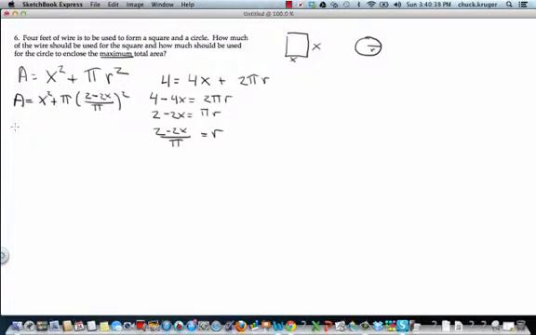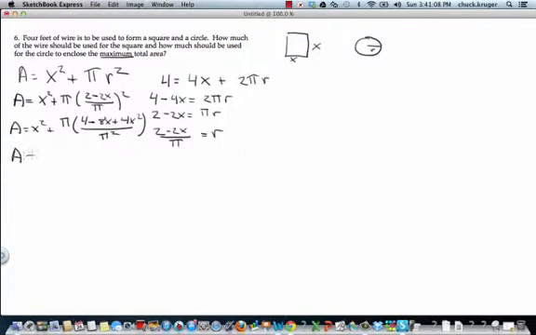That's going to give me A equals x squared plus pi times the quantity 4 minus 8x plus 4x squared, all over pi squared.